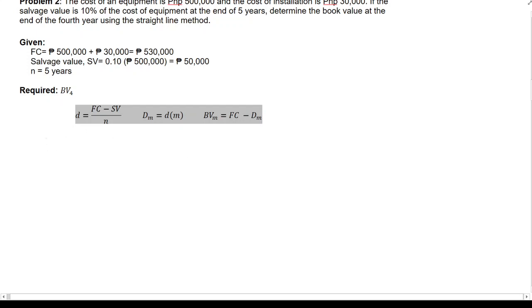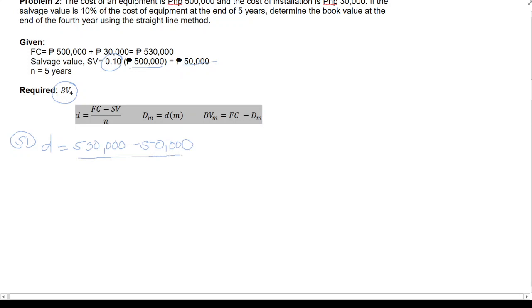So the requirement is the book value at the fourth year. Using the straight line method again, we use solution 1. D is equal to the first cost, which is already 530,000, minus the salvage value, or the trade-in value, 10% of the cost of equipment, 500,000, which is 50,000.